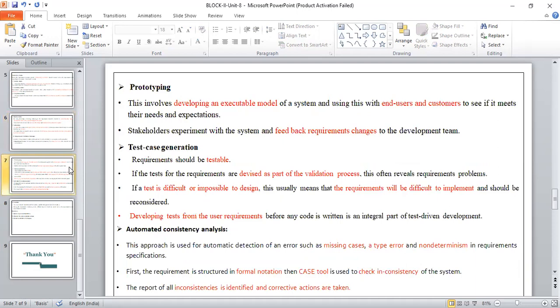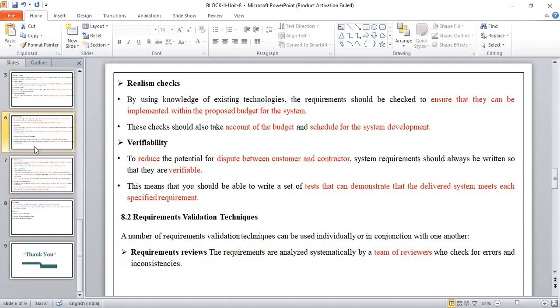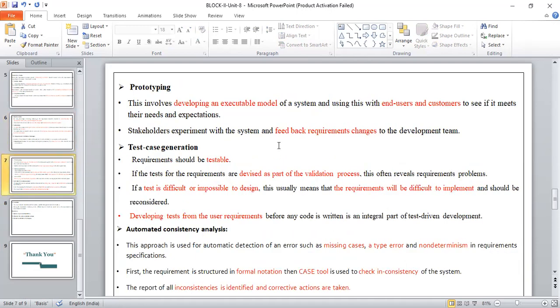Then comes another requirements validation technique: prototyping. What is prototyping? A pre-model of the original software. We can create a small, executable model of a system so that we can get feedback from the end user and customer, to check whether their needs, requirements and expectations are fulfilled.